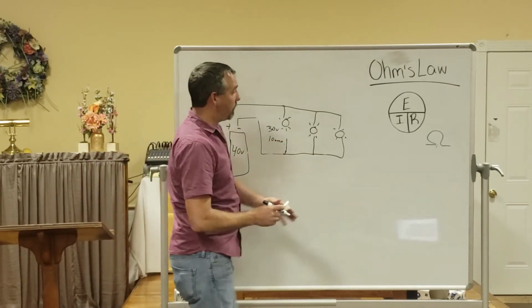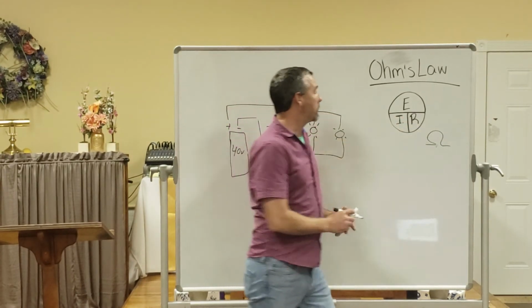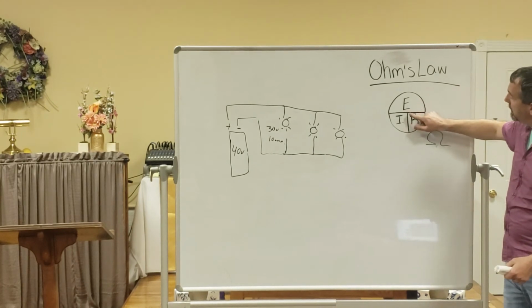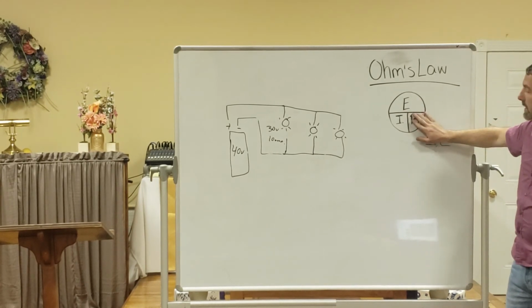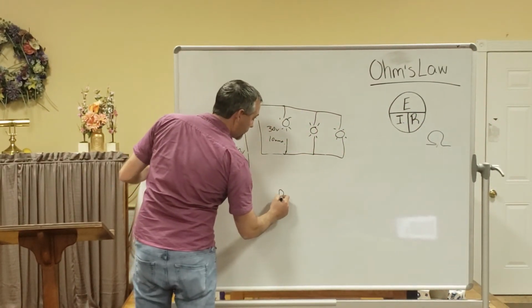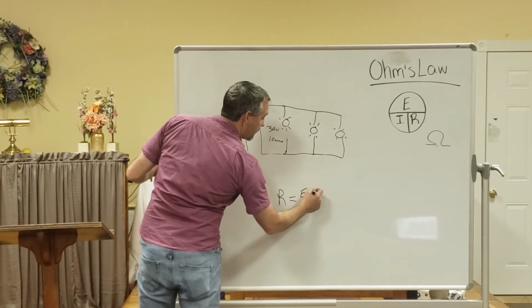All right, and so we use this formula. What we're trying to find is R. So you would cover up R. So it's E divided by I equals R. All right, so R equals E divided by I.